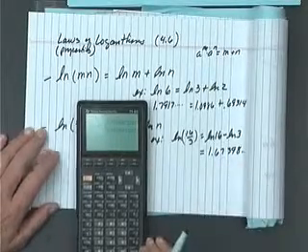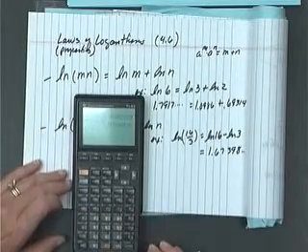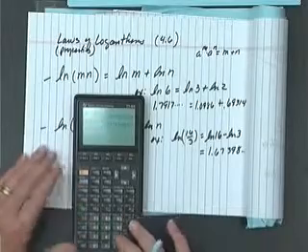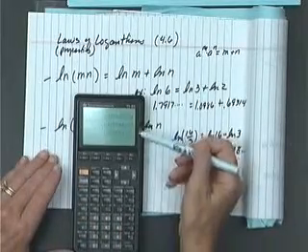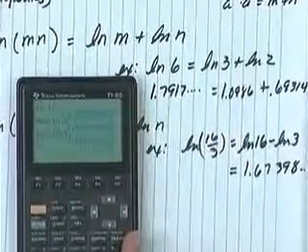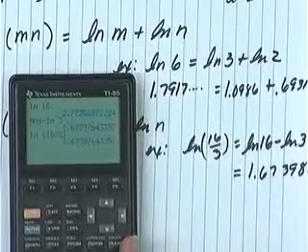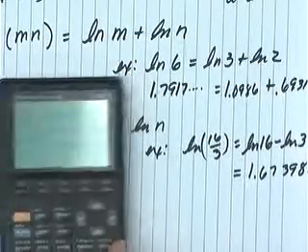I rounded it. And now we'll take the natural log of 16 divided by 3. And you get the very same number. If you can see my calculator, you can see they're exactly the same. Okay? All right, so that's just properties of your logarithms.